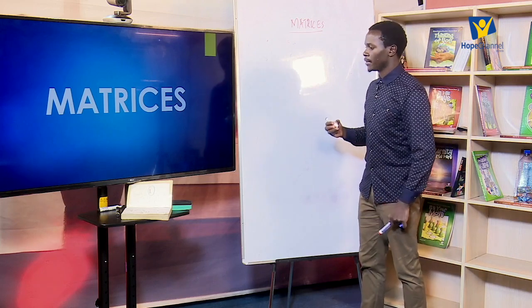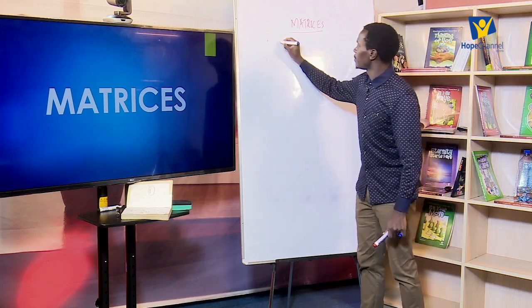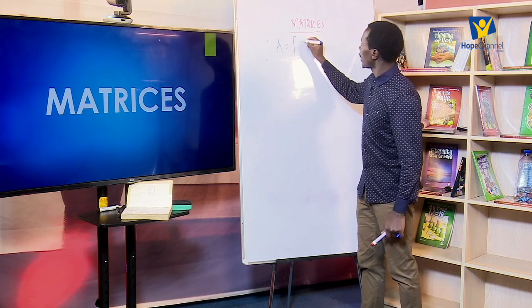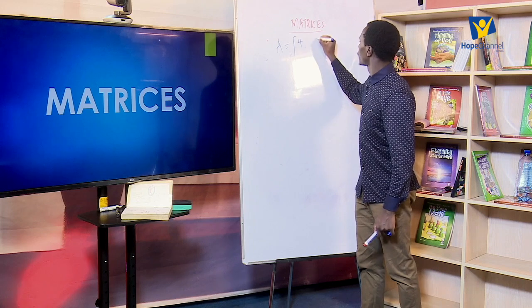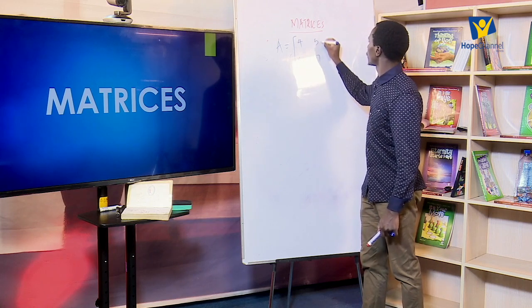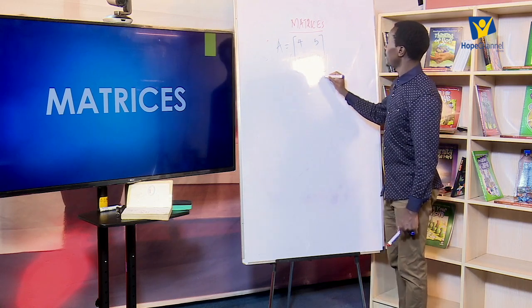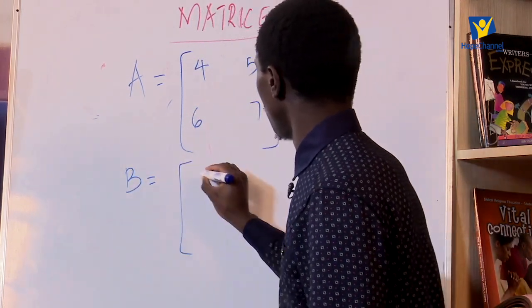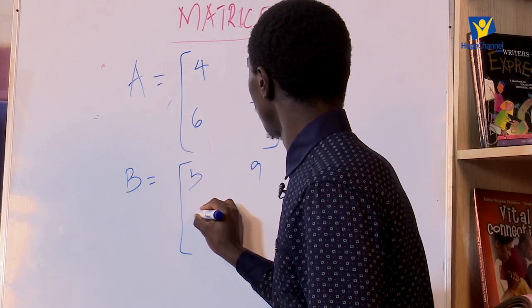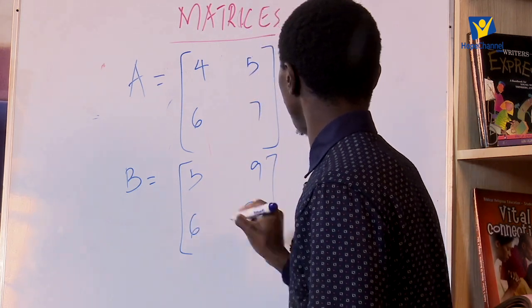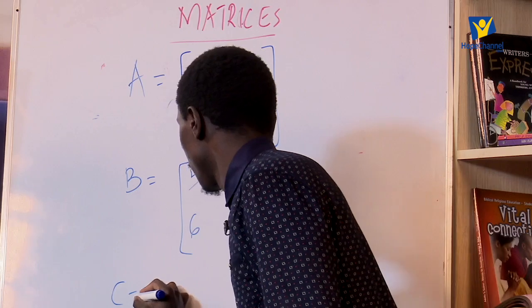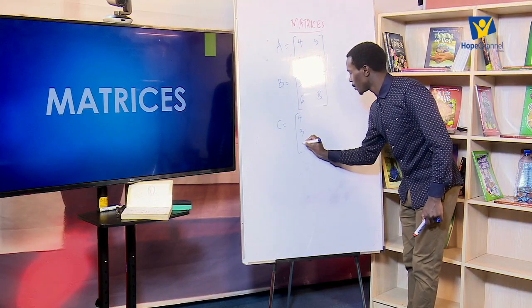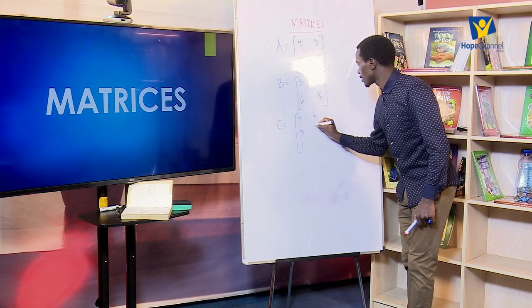For example, if matrix A has elements 4, 5, 6, 7, then we have B, which is maybe 5, 9, 6, 8, and we have another matrix C, which is 4, 3, 1, then 6, 7, 2.